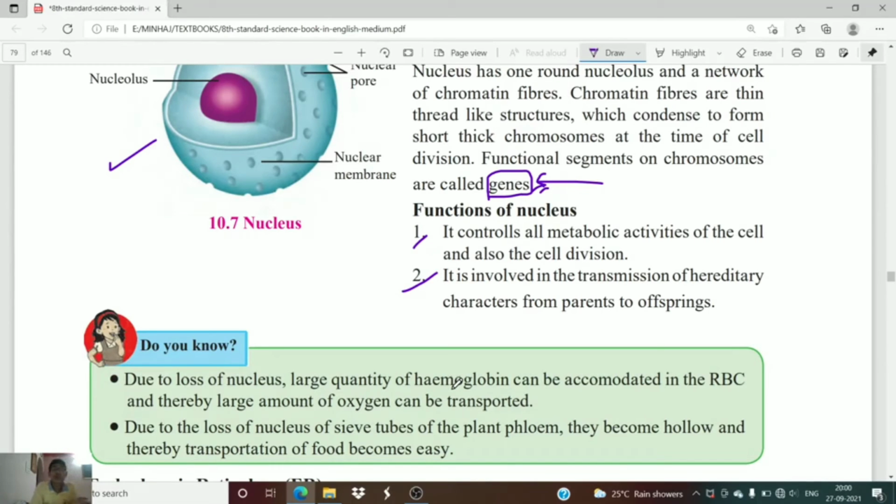But this is not a good idea, as the nucleus is a very important organelle and it is responsible for one of the most important functions of a living organism. These functions are actually responsible for the existence of that species. So the nucleus cannot be lost from the cell in any case.